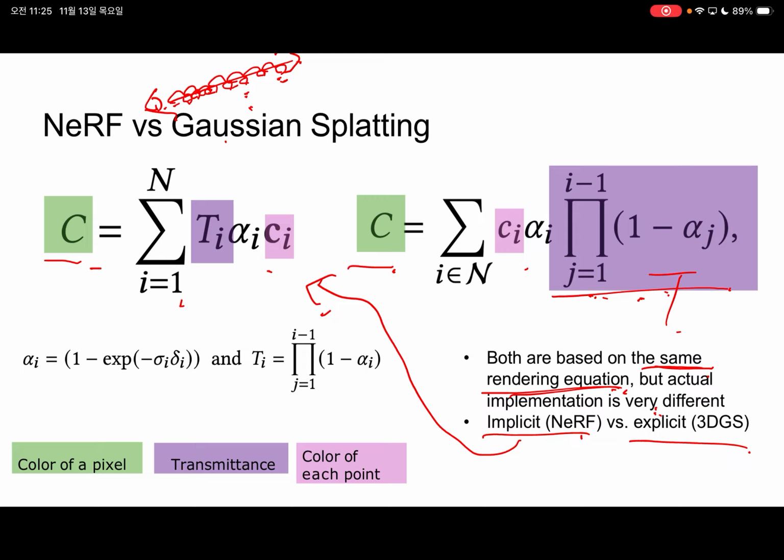So in Gaussian splatting, we do not have to take care of all points along the ray, and we do not have to pass each point to a neural network. Those two things make rendering very fast. By skipping the checking of all points along the ray and the neural network forward pass, Gaussian splatting rendering is very fast, about 100 frames per second maybe, versus less than 5 frames per second.